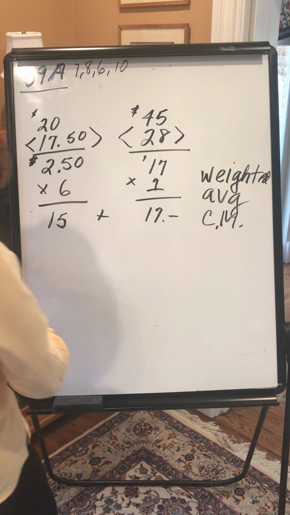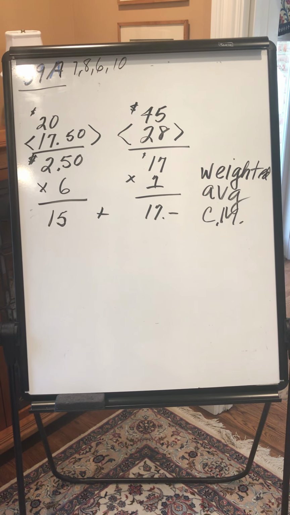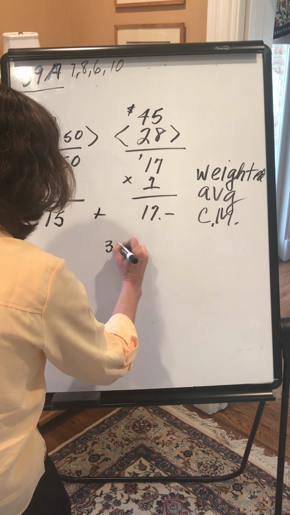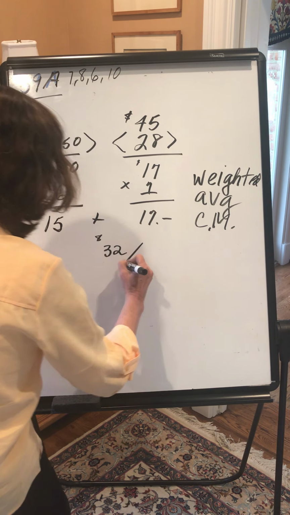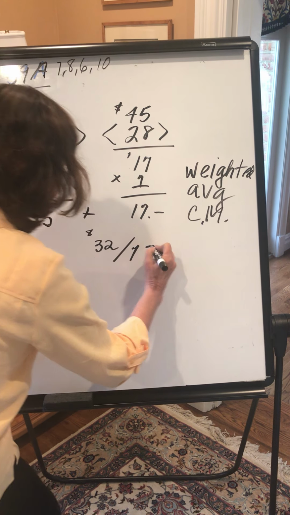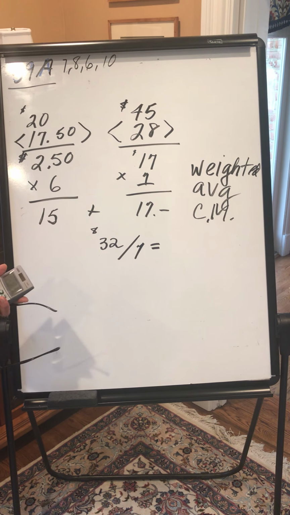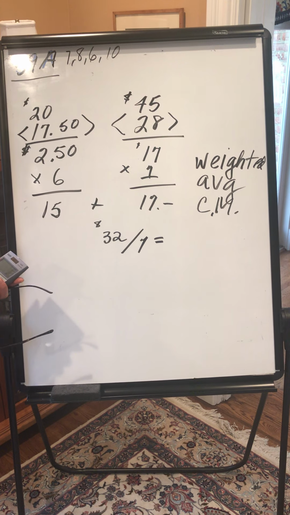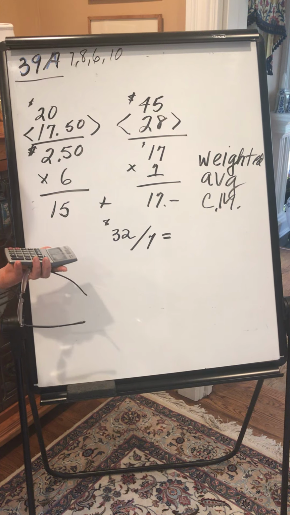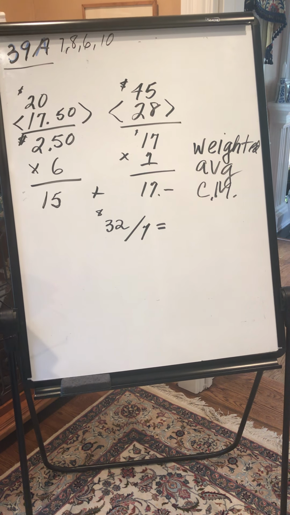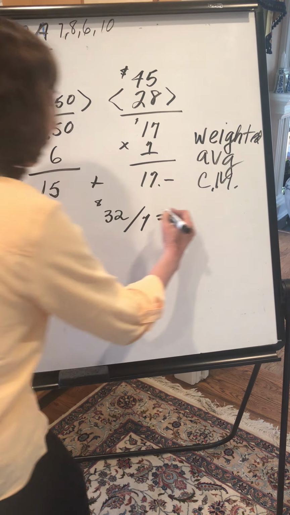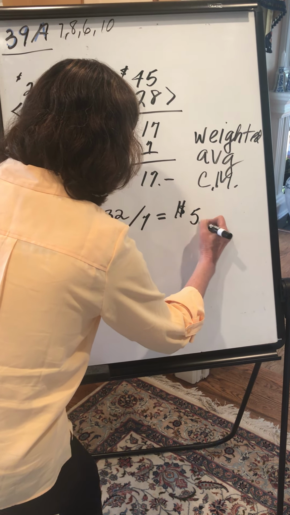Let me make sure I did the math right, 15 plus 17 is 32, divided by 6 and 1, 7. So our weighted average contribution margin is 32 divided by 7, $4.57, which I believe they round to $5 in the problem.